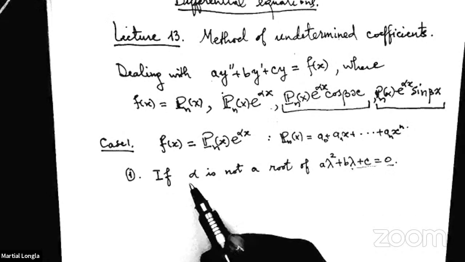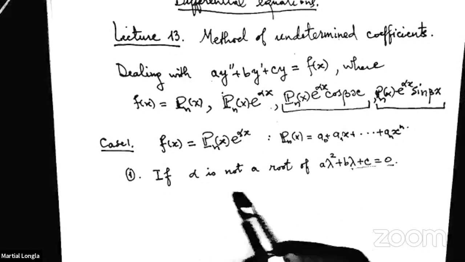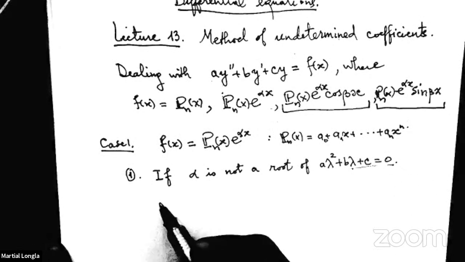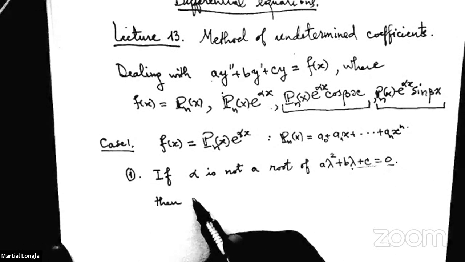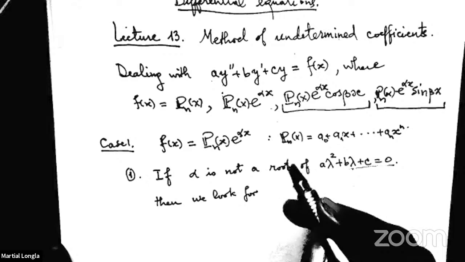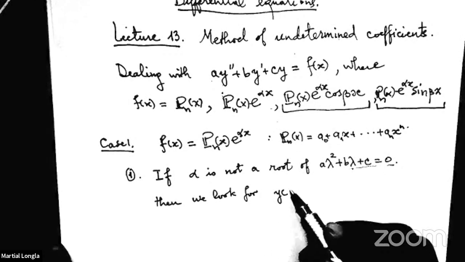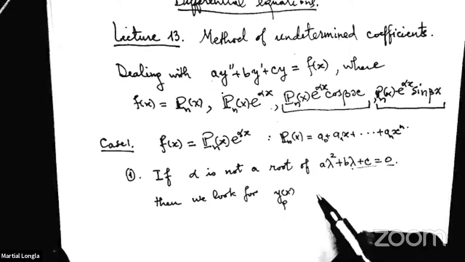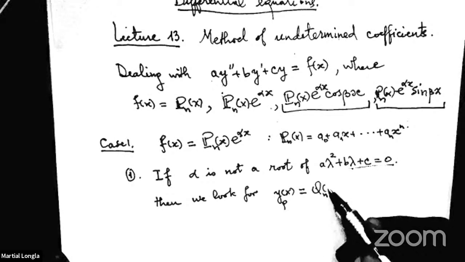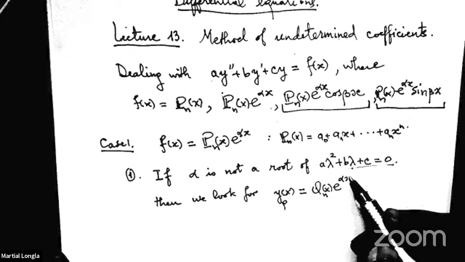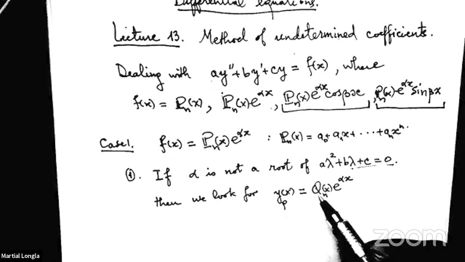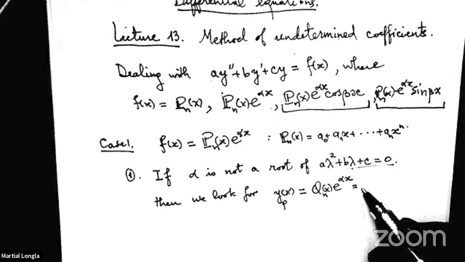So if alpha, which is the power you have here, is not a root of the Euler equation, then we look for y_p of x equals Qn of x times e to the alpha x, where Qn of x is a polynomial of degree n.